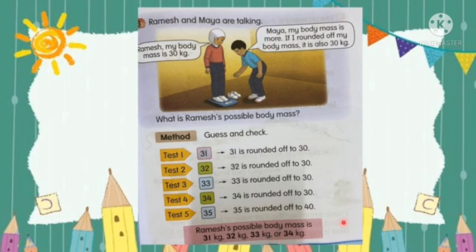So for this question, the method that we can use is guess and check. Remember kids that we have to look at the question first, and then we can decide which way we want to use to solve the question, the problems.